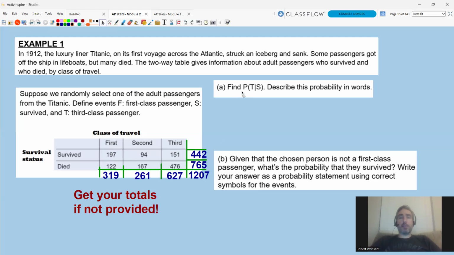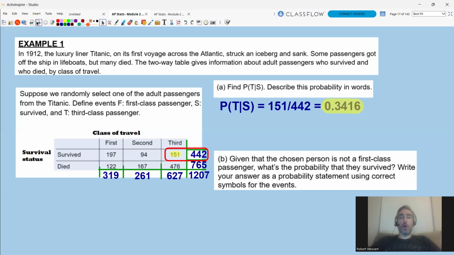Second, find P(T|S). What that means is the probability of T, which is third class passenger, given survived. Well, in this scenario, out of the ones that survived, since we're given that, that's going to be 151 divided by 442, which is about 0.3416.